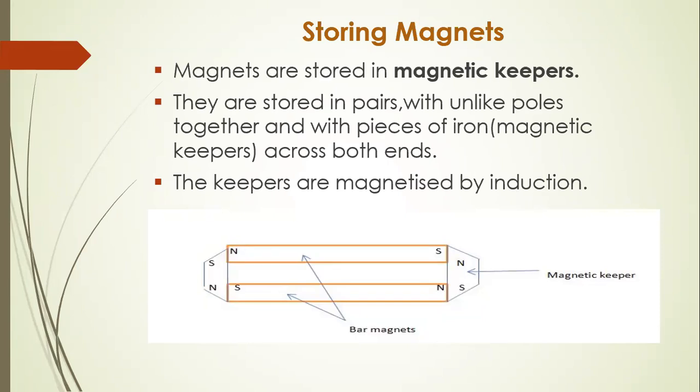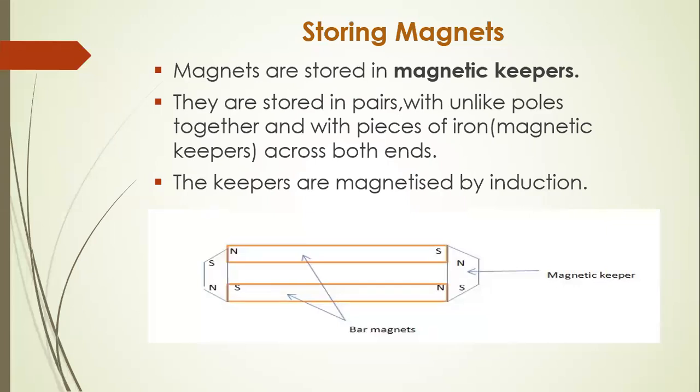Now let's see our last subtopic which we are going to discuss today, that is storing magnets. Magnets have to be stored so as to keep their magnetism and to avoid demagnetization, that is the removing of magnetism from a substance. Magnets are stored in magnetic keepers.